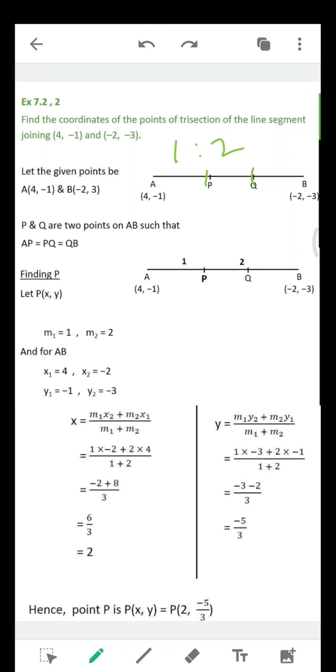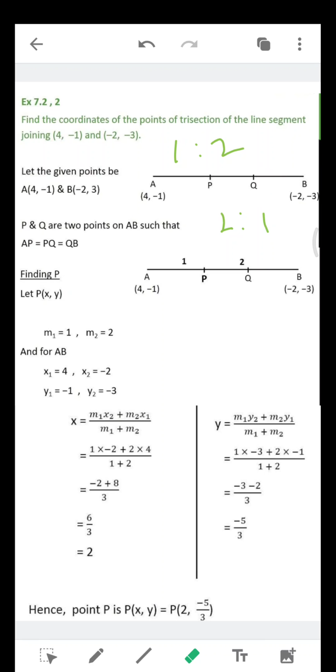And Q is dividing this line segment in the ratio 2:1. So always remember, whenever points of trisection are asked, the ratio is fixed. These two are the points of trisection.